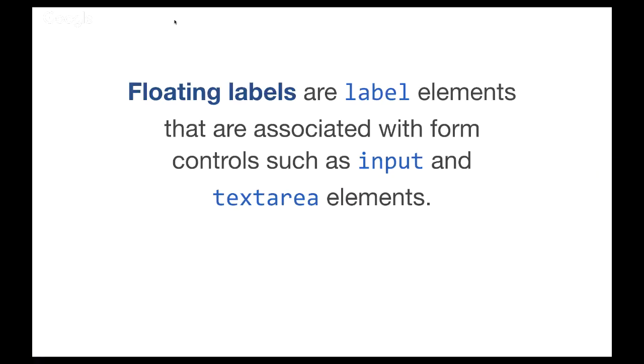So for those that aren't aware of them, what are these things called floating labels? These floating labels are label elements, and they're generally associated with inputs and text areas, not so much other form controls like select, but definitely inputs and text areas.